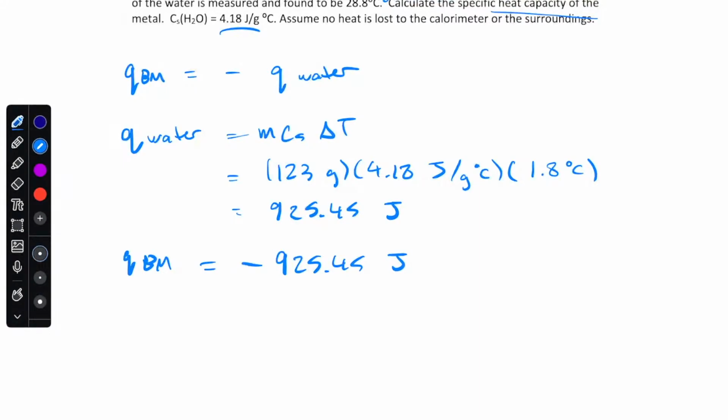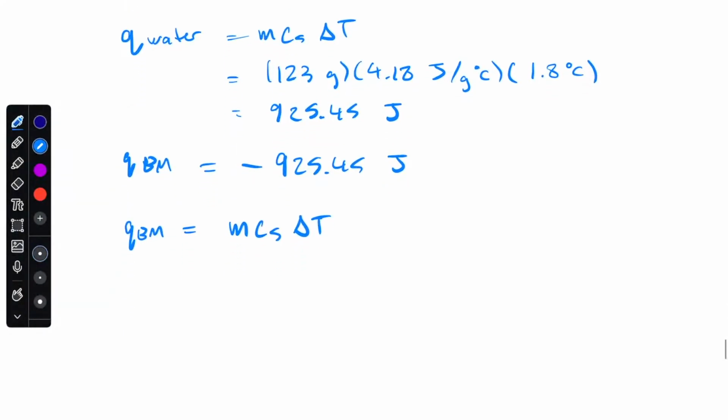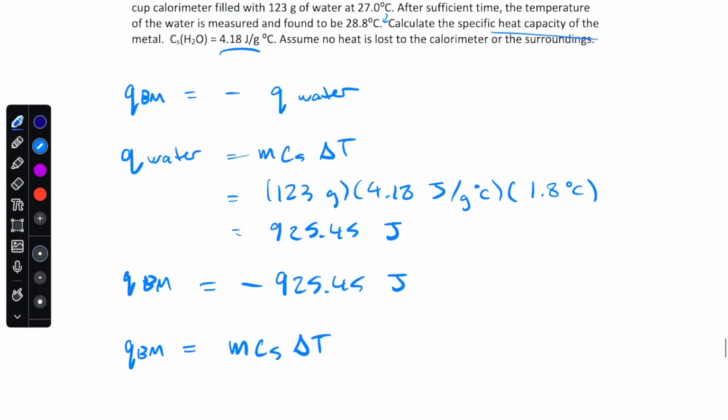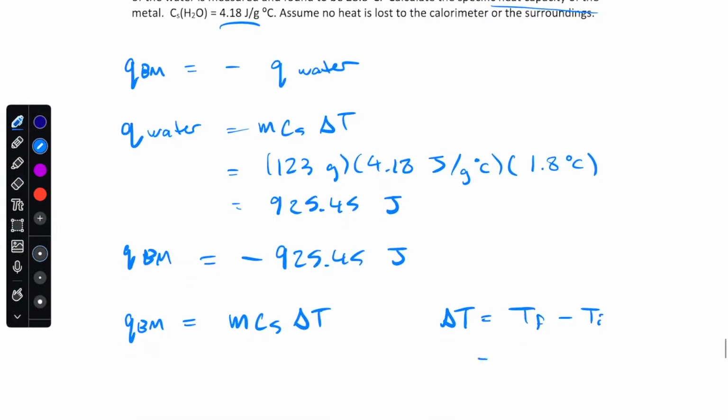So we're going to say that that for the metal is equal to MCS delta T. Its delta T is TF minus T initial, and its final temperature, I assume, is the same as the water.